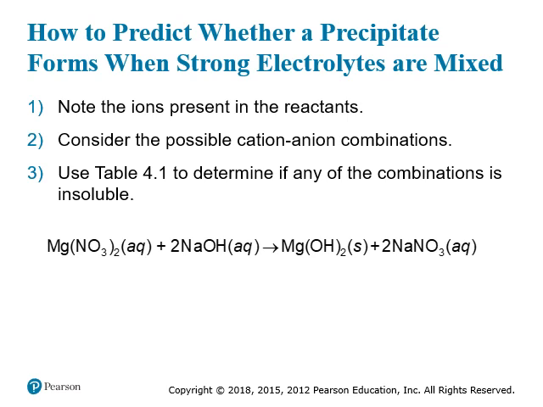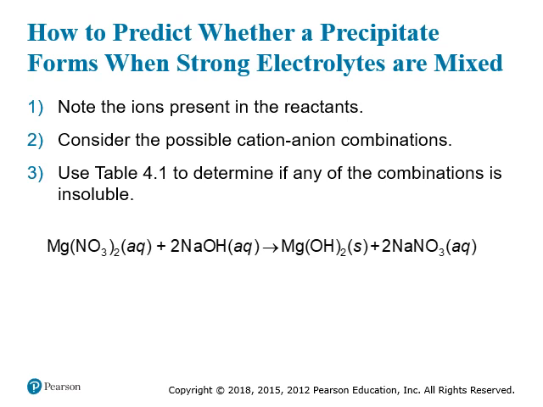So if I were to mix a solution of magnesium nitrate and a solution of sodium hydroxide, the question is, would we see the formation of an insoluble compound? Well, at the heart of it all, we need to see if these compounds are willing and able to swap ionic dance partners, if you will.